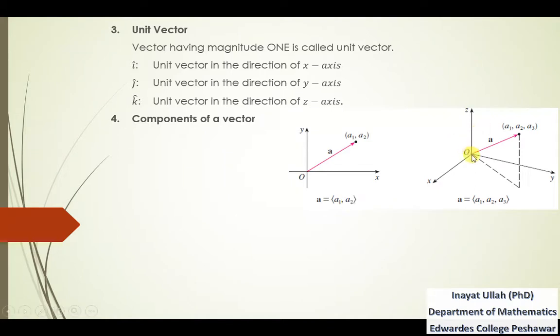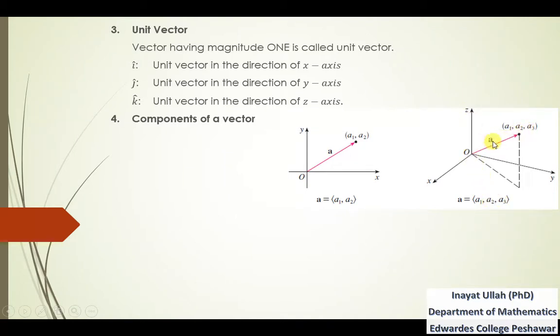Similarly, if you consider a 3D vector which is in your room, this 3D vector has three components. The first component is along the x-axis, which is a1, the second component is along the y-axis, which is a2, and the third component is along the z-axis, which is a3.